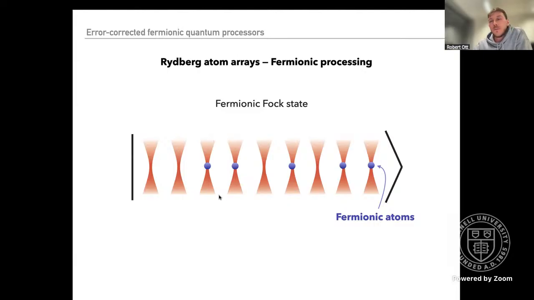And then we can make use of these dynamic rearrangement capabilities of these atom arrays. So basically what that means is we can, for instance, exchange 2 of these modes. And this would be something like a swap on the logical modes. And if we want to exchange 2 of them which are occupied, we additionally fundamentally get this minus sign out front here.